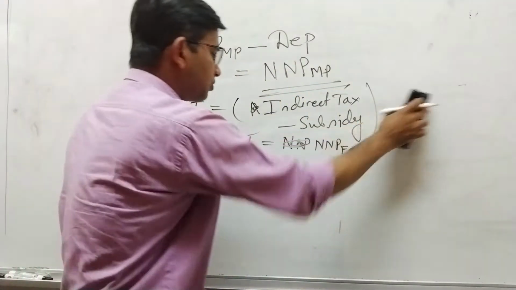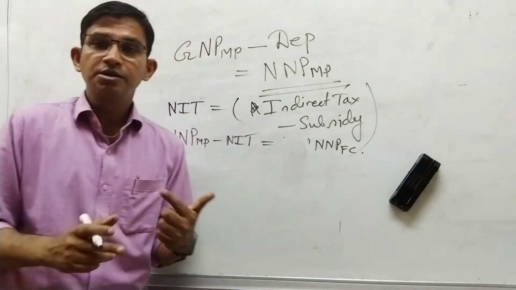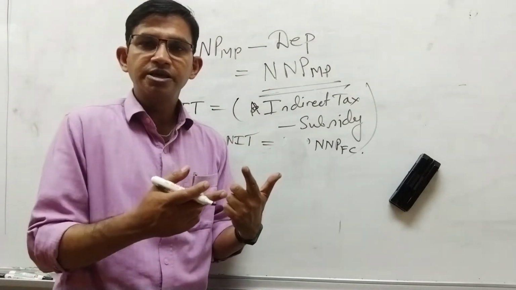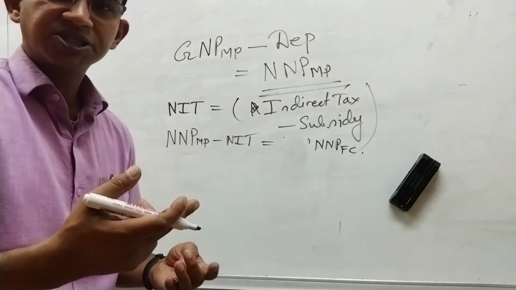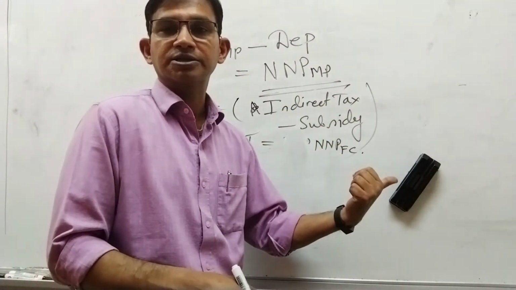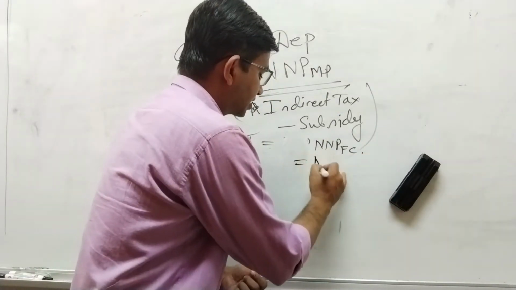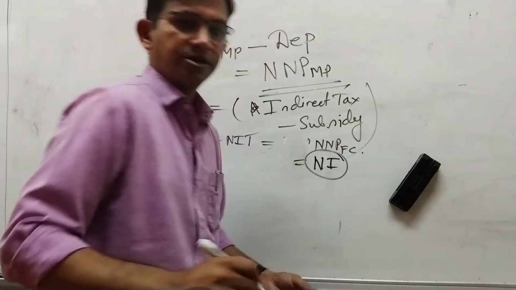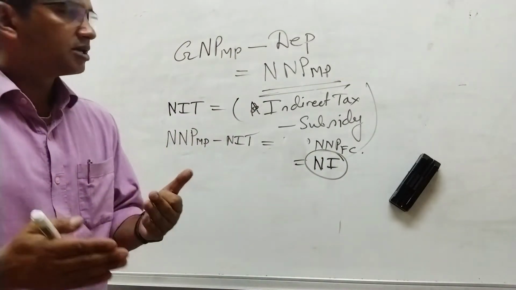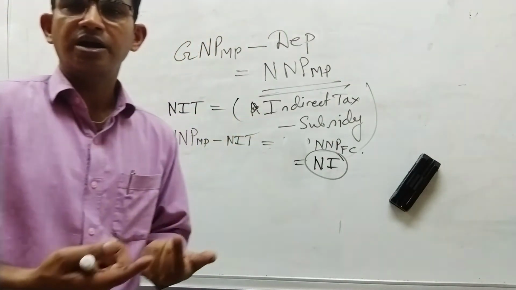So NNPFC is the value of goods and services produced by the domestically owned factors of production of a country in a particular financial year. But this value is measured in terms of factor cost or the reward of the factors. So NNPFC is nothing but the national income of a country. Because in any production, whatever is the factor cost is indirectly the earning of the factors.